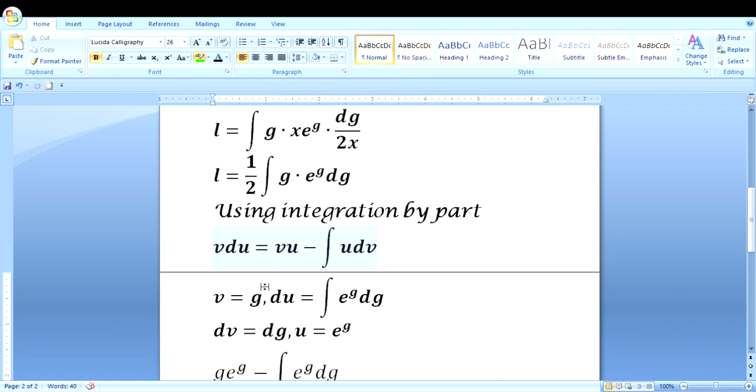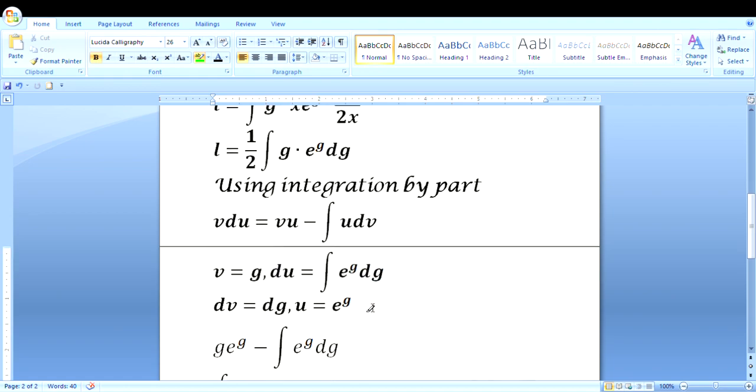So we let v is equal to g, so that du here is equal to the integral of exponential g dg. Okay, that is just the process. Here, what we need to do is look at the right hand side of the equation. We need to find u and we need to find dv. v is already known.